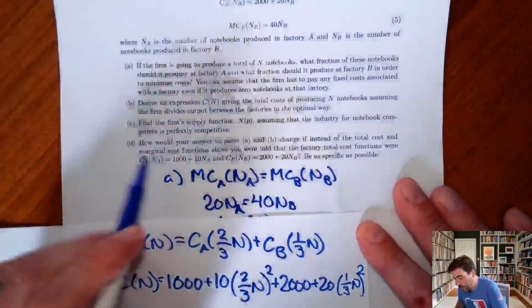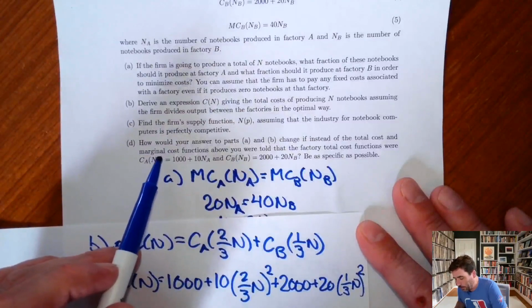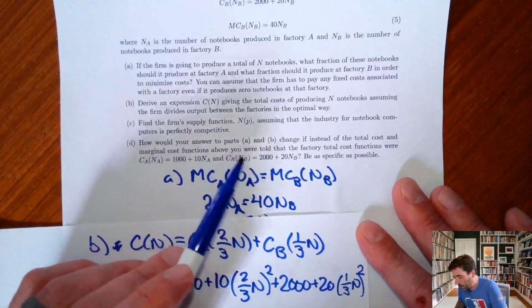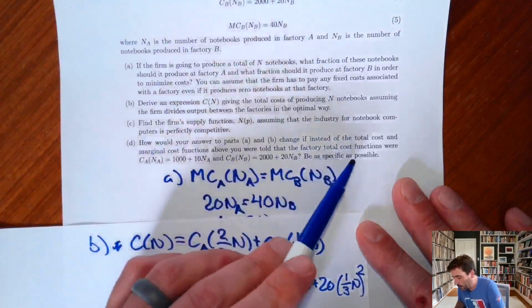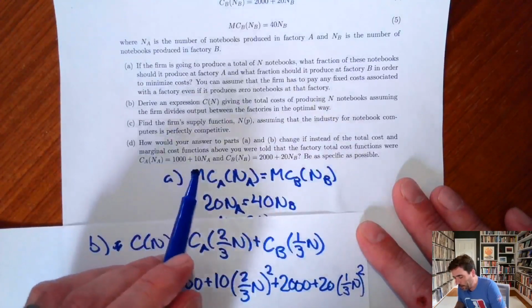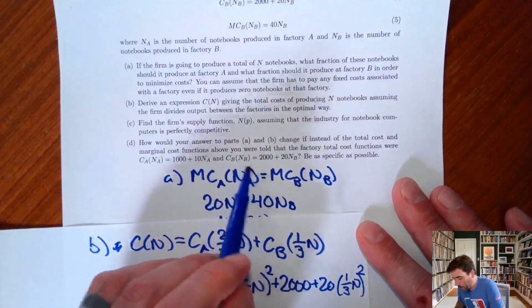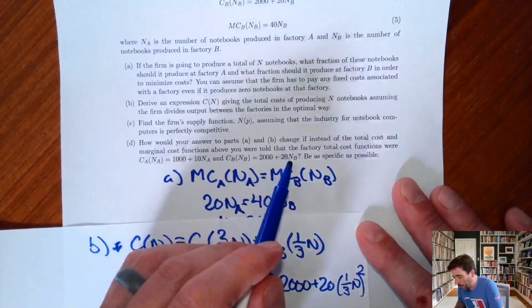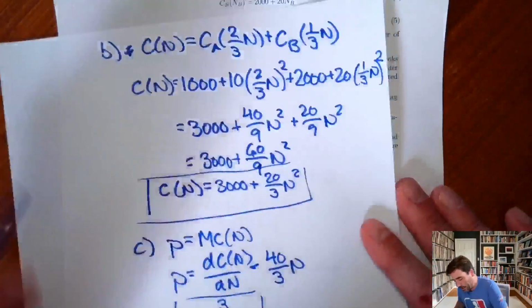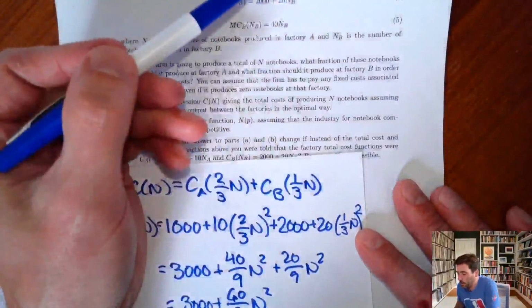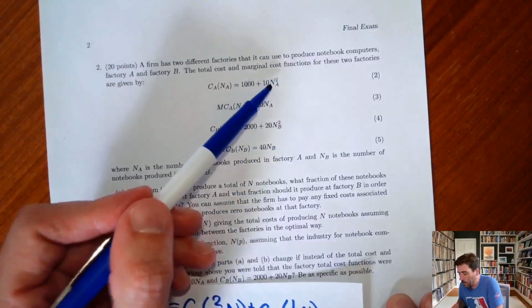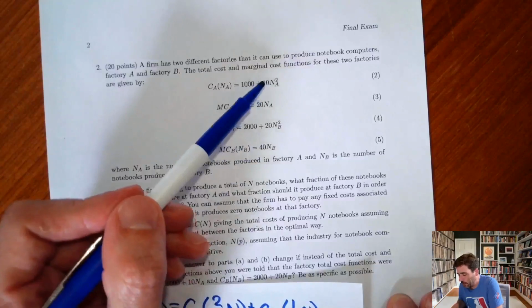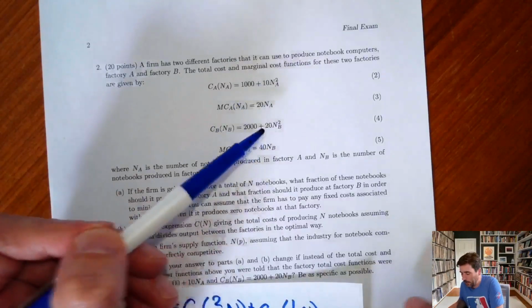Okay. So now let's look at part D here. How would your answer to parts A and B change if instead of the total cost and marginal cost functions above, you were told that the factory's total cost functions were CA equals 1,000 plus 10 NA, and CB was 2,000 plus 20 NB. All right. So how is that going to change things? Well, what's different here, if I go back to my original cost functions, is instead of 10 NA squared and 20 NB squared, it was just 10 NA and 20 NB.